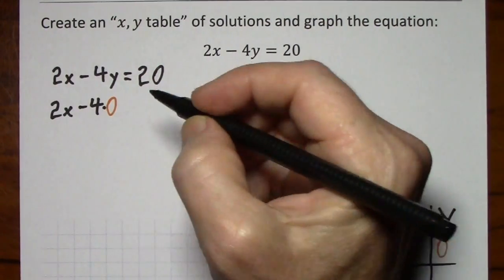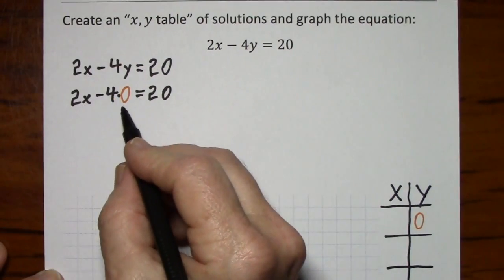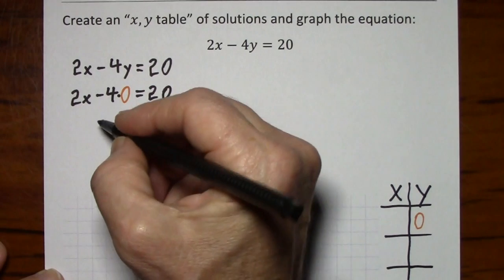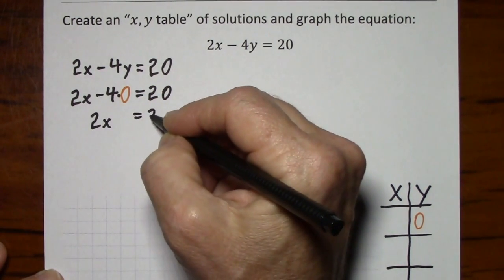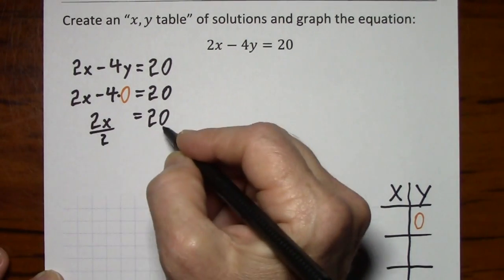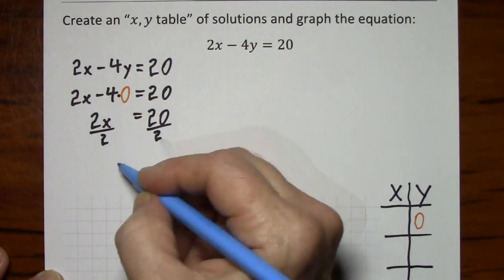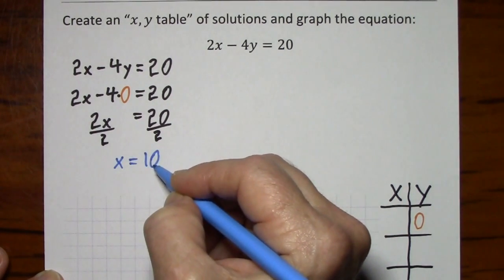I'm just going to use a dot for the multiplication. Obviously, -4 times 0 is 0, so we're left with 2x equals 20. Let's get rid of the 2. And we're left with x equals 10.